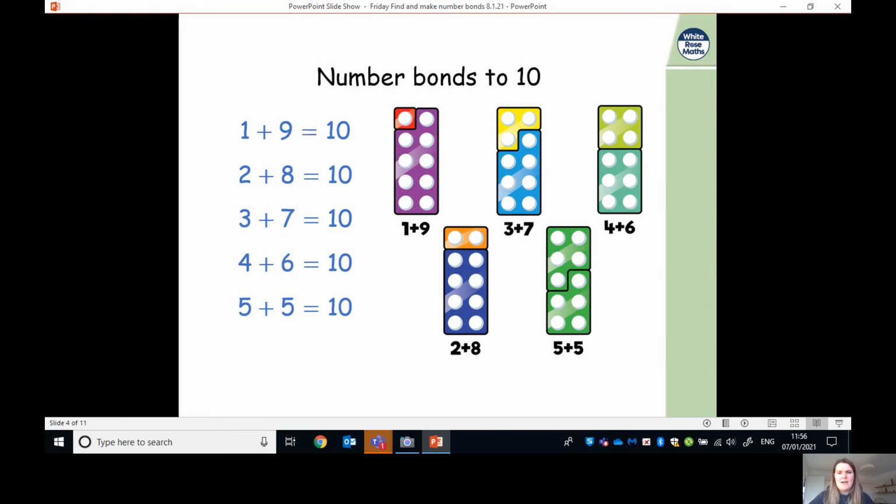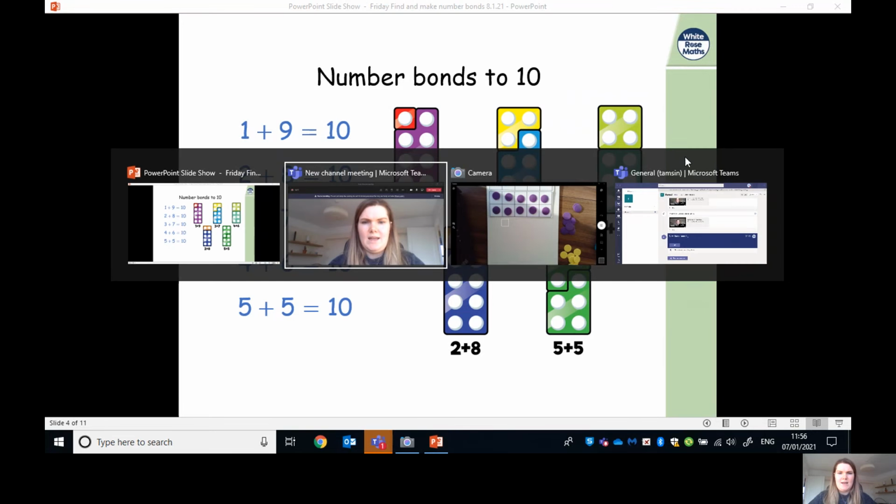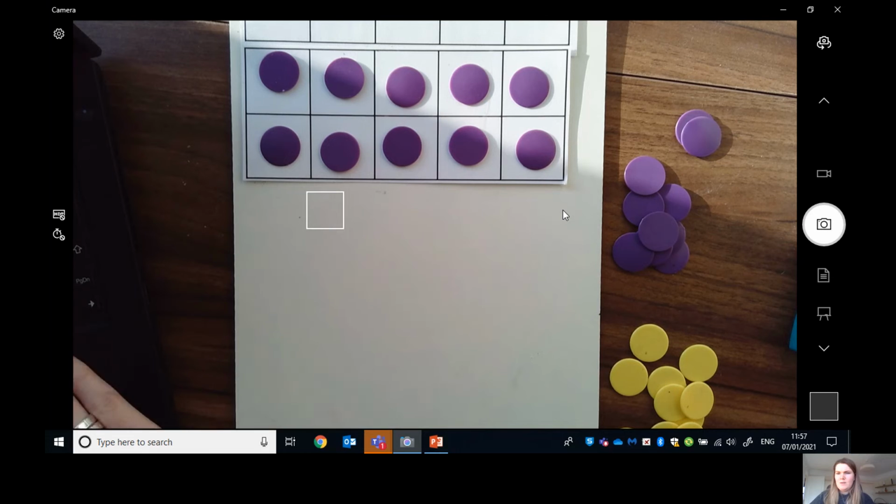Okay, so let's have a look at those number bonds in action. Sharing my screen with you.